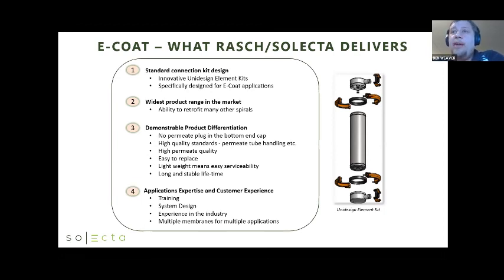With a paint bath that is monitored and healthy, we've seen elements last 2 to 3 years with the unit design. And then number 4, the application expertise and customer experience, whether that comes from training, system design, anything. If you have challenges or problems, reach out to Rasch, reach out to us.